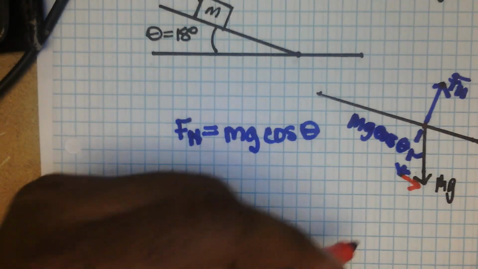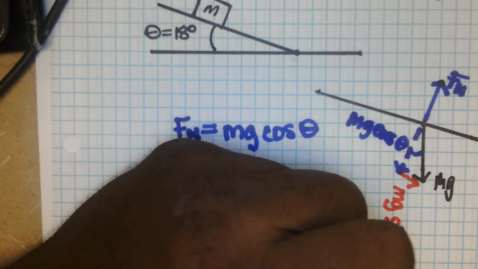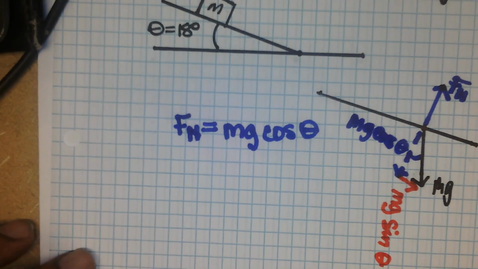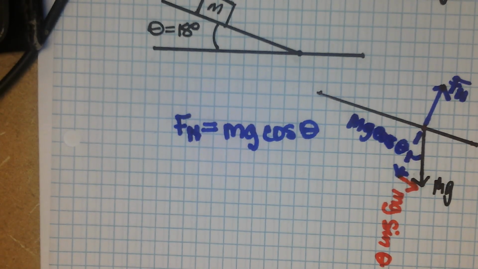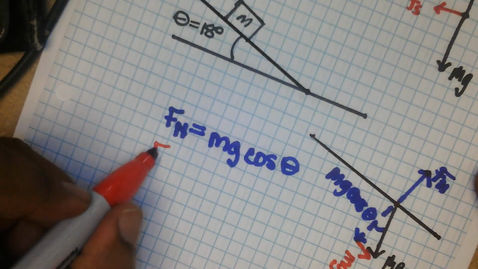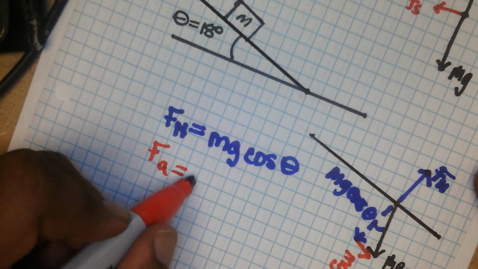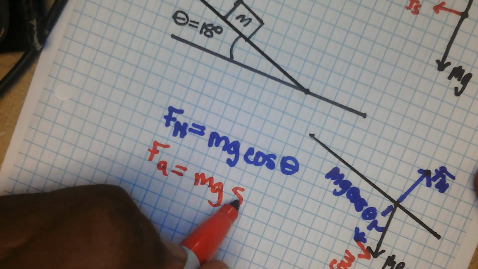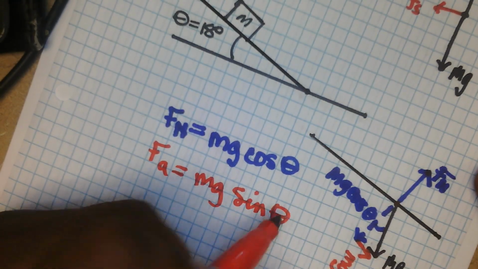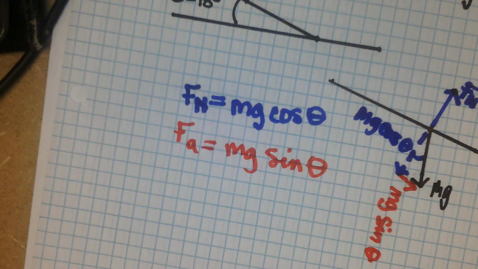So this is going to be mg sine theta. So the applied force, the force that's pulling it down the incline, is mg sine theta.